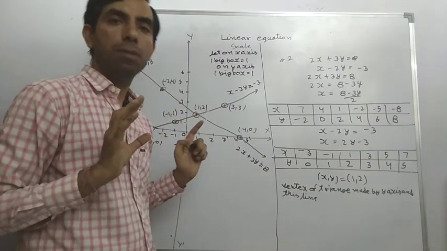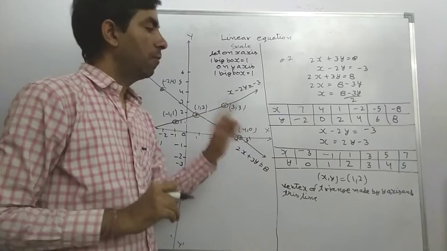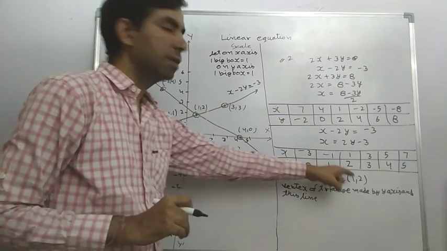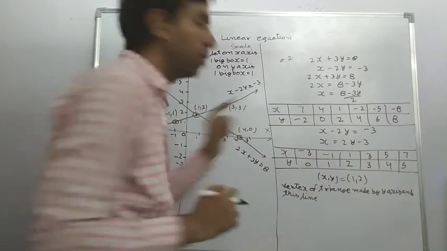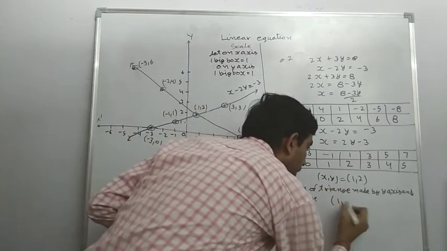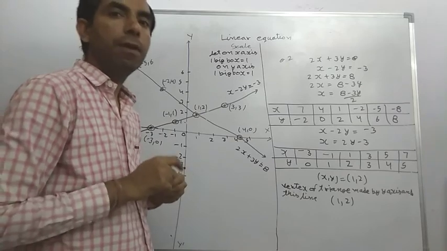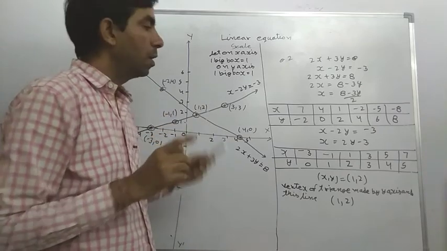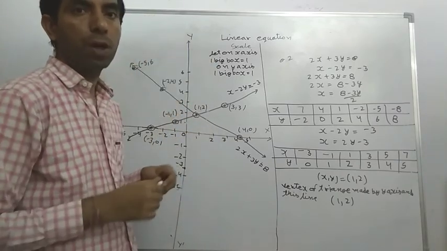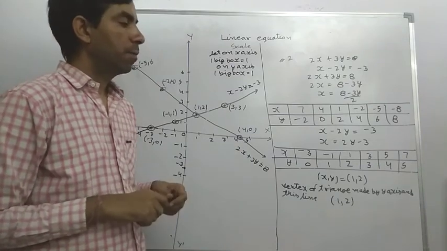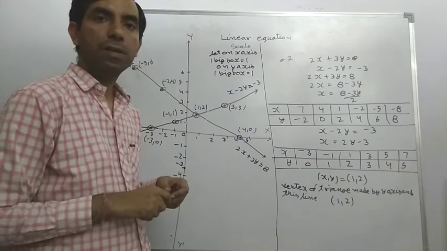For finding the vertices of the triangle, the first vertex is the answer of our solution, which means 1, 2. It is the first coordinate of the vertex of the triangle. Now we want to find the other 2 points.